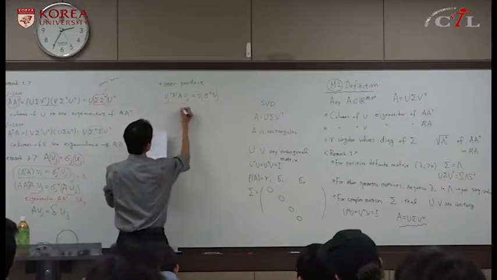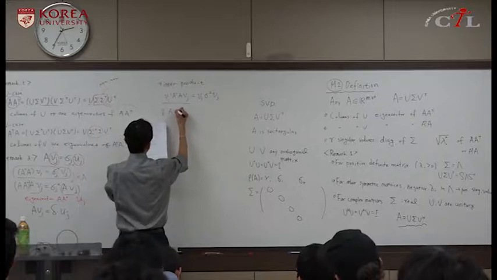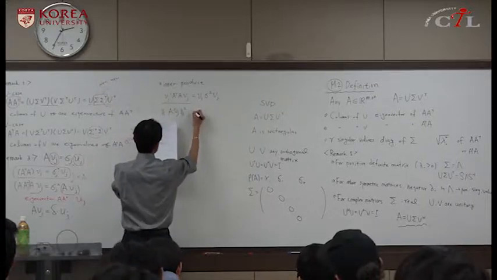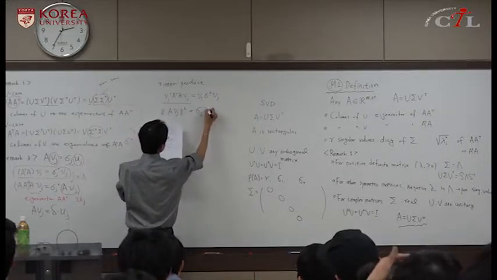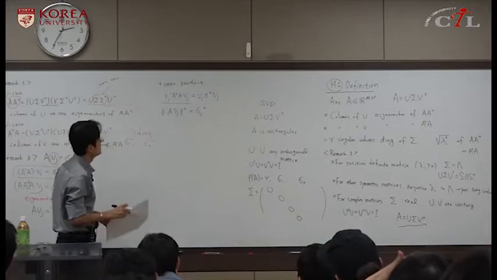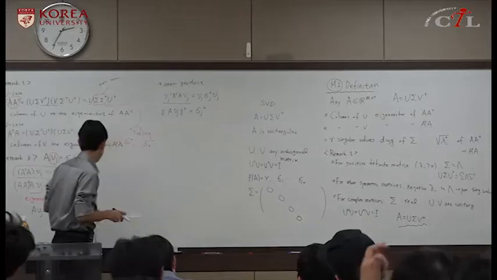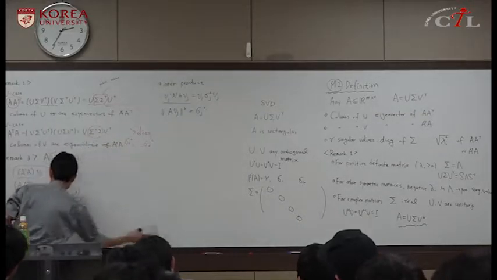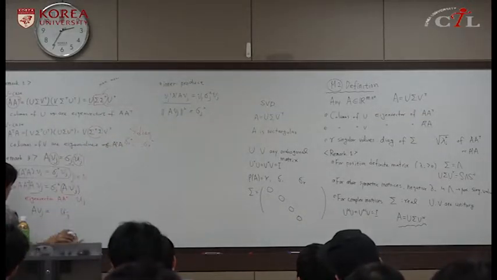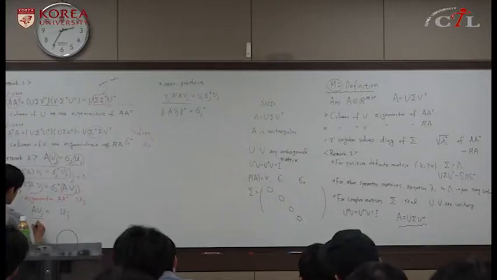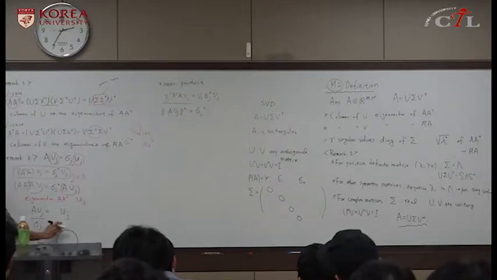So this is the inner product. The squared length of A Vj is equal to sigma j square, which means its length is sigma j. So we can say that if I put sigma j, then they are equal.